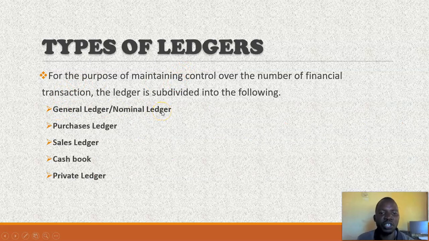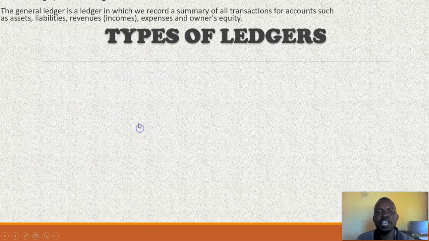The other name for the general ledger is the nominal ledger. The other one, purchase ledger. The third one, sales ledger. The fourth one, cash book. And the fifth one, private ledger. So in total, there are 5 different types of ledger accounts. Now let's look at each type.